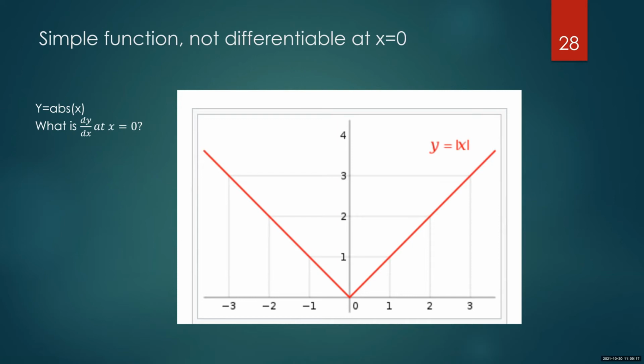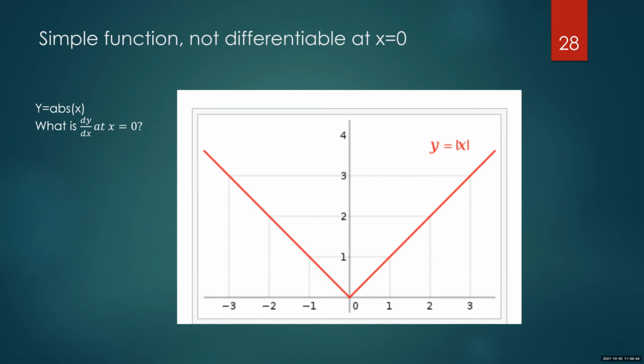So at x equal to 0, we say that this curve is not differentiable. There are many functions that exhibit odd or unorthodox behaviors with regard to differentiation, but generally speaking, we don't deal with those explicitly.